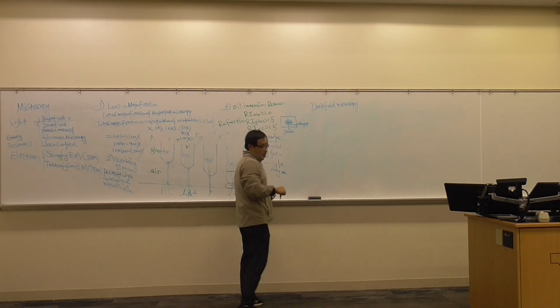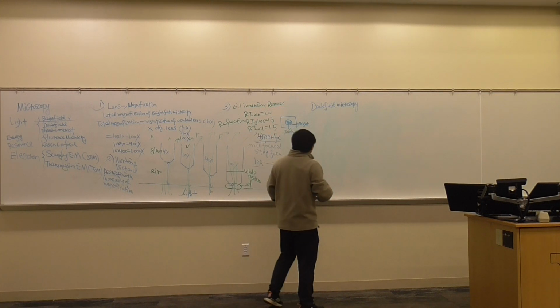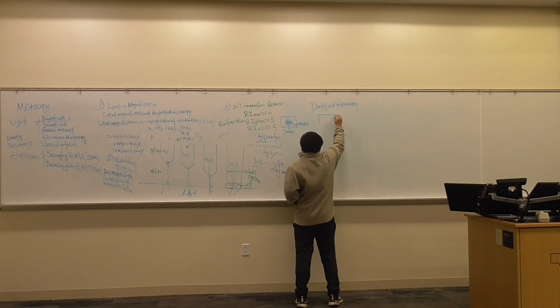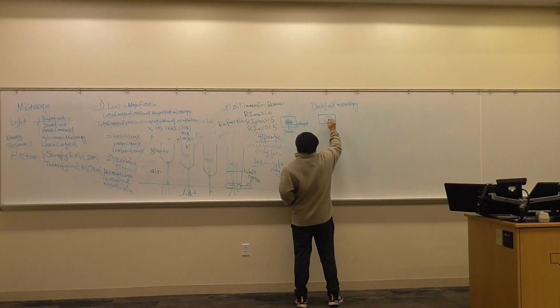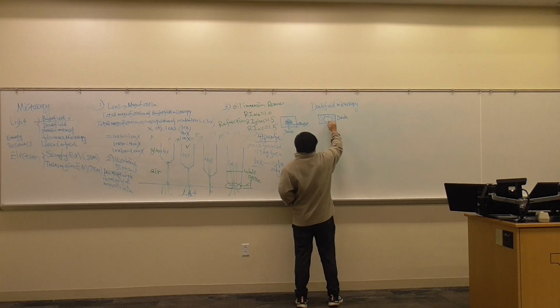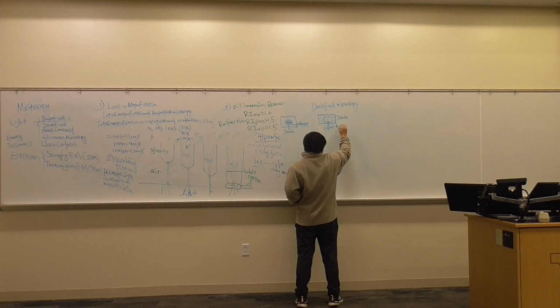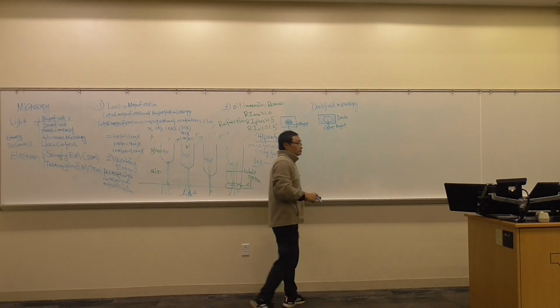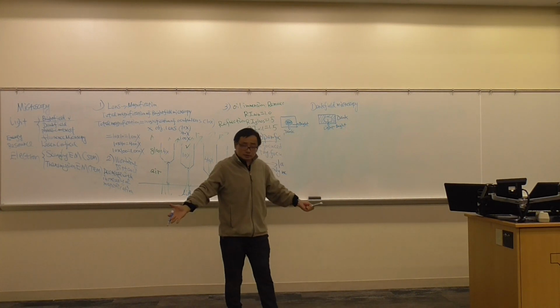So you can see it. What is dark field microscope? Opposite. The background is dark, and the specimen is relatively light, or we say bright. Now, how do they do it? How did they achieve it?